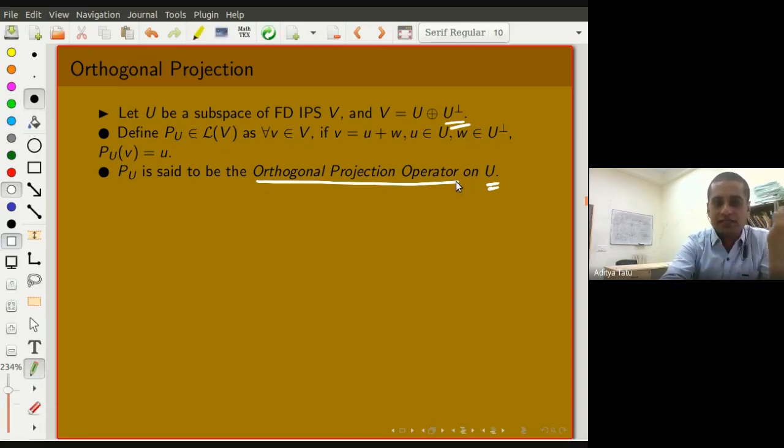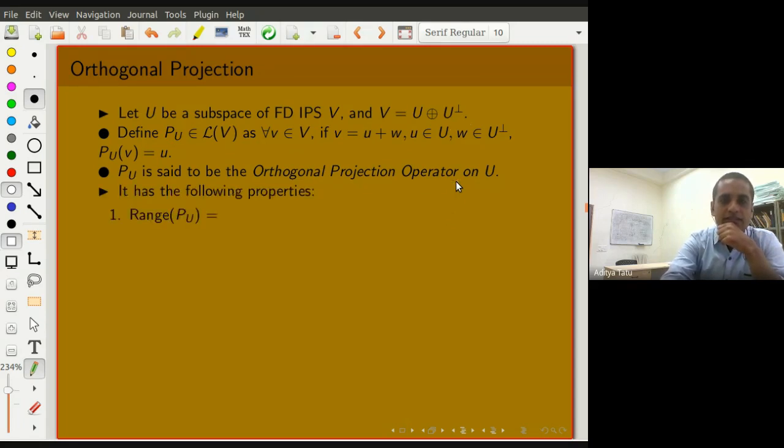The name is something you are possibly familiar with; you may have used this in geometry. Let's look at the properties. This is very similar to one of the questions we did in last week's tutorial. What is the range of PU going to be?